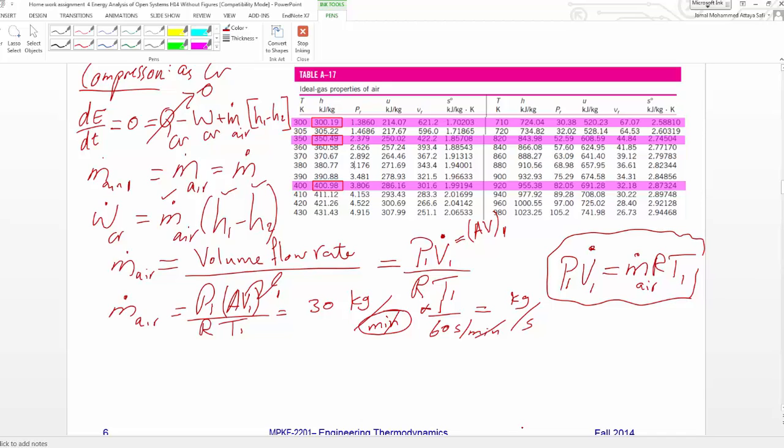Now we know that work for the control volume is equal to the mass flow rate of the air times H1 minus H2. So the challenge now is that I need H1 and H2, and H1 and H2 are also easy to determine because we have the temperature.